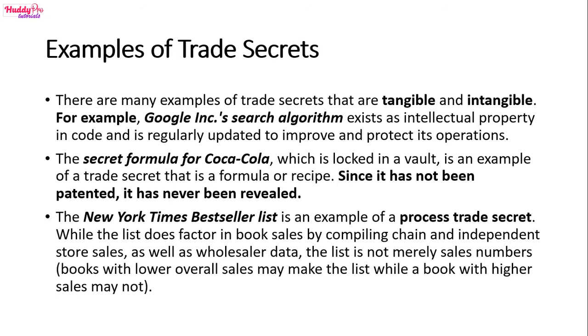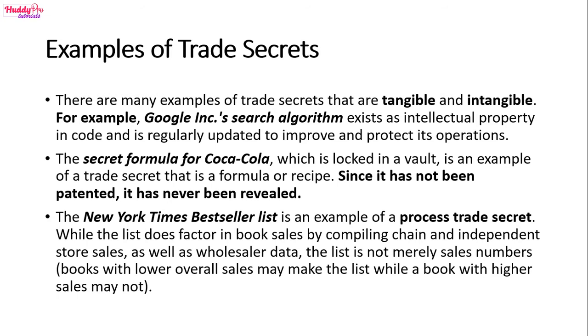It has not been patented, because if this formula goes public and is patented, still you cannot use it to produce something that is similar to it. But these people decided not to patent it, so they have never revealed it. They keep it locked in a vault. They know what they do to create the Coca-Cola.